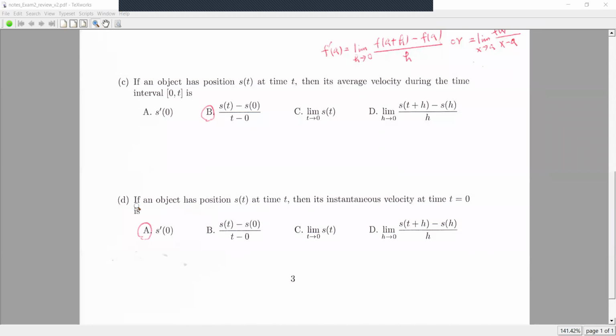Part D. If an object has position s of t at time t, then its instantaneous velocity at time t equals 0 is A, because the derivative of the position function is the instantaneous velocity.